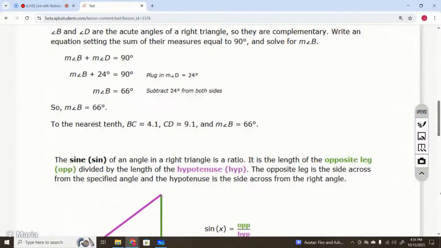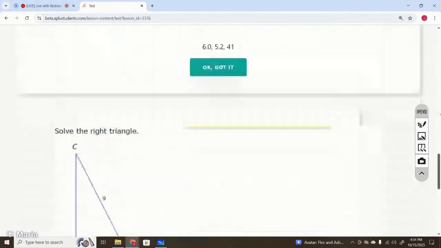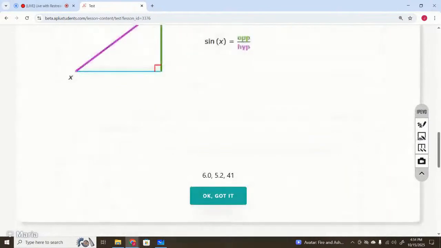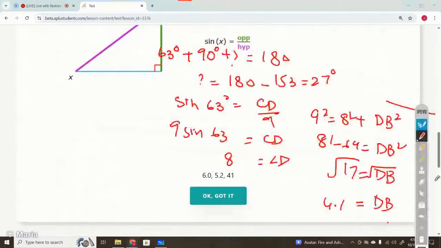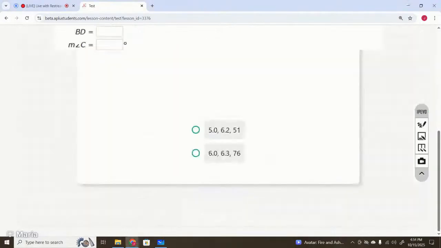You are given a different question, and the answers are different, right? So if you do the calculations, the one I did is the correct one: the missing angle is 27, side CD is 8, and side DB is 4.1, right? Be careful with your calculations. You are not given the correct option over here. There is something wrong with the options given.